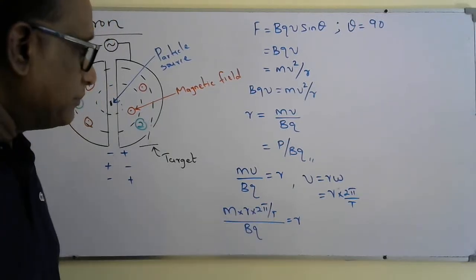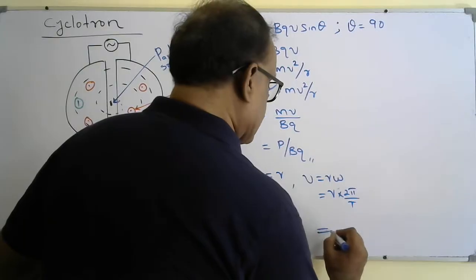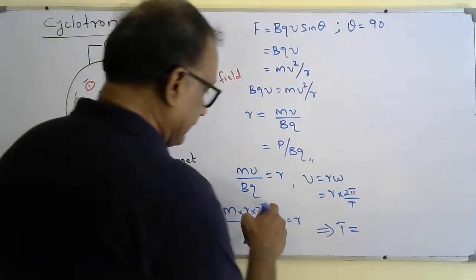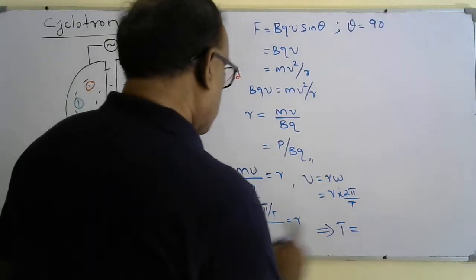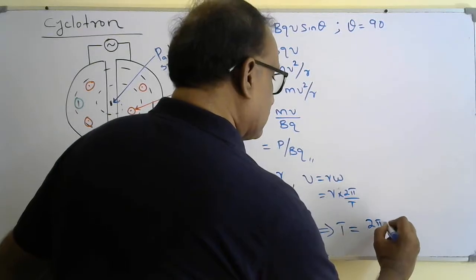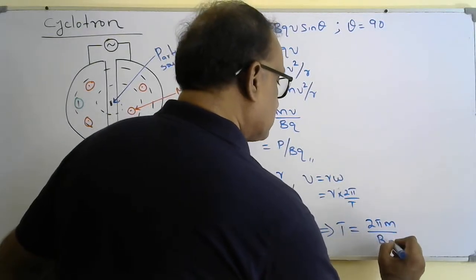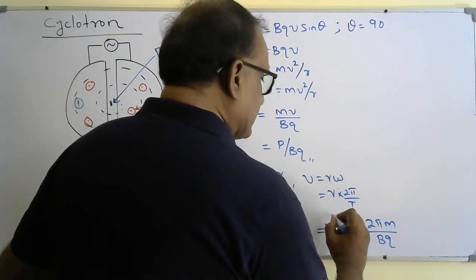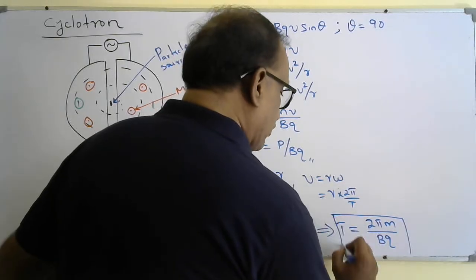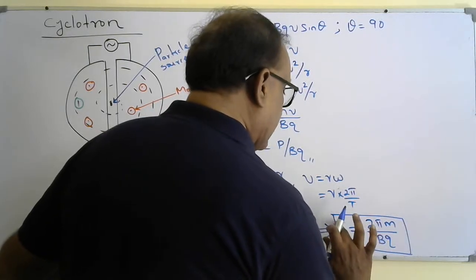So make the T subject from here. If you make the T subject, T equals 2 pi M over BQ. So this is the time period of circular motion of a particle in a magnetic field.